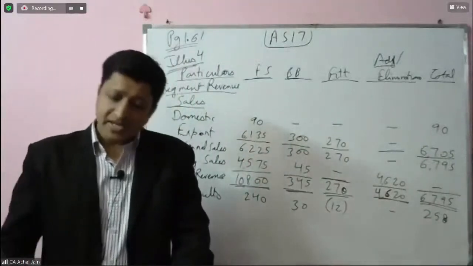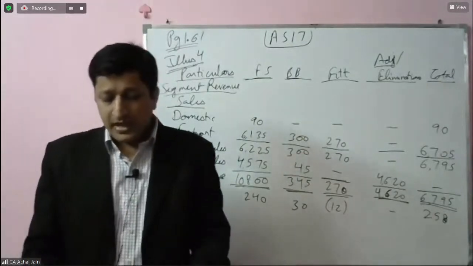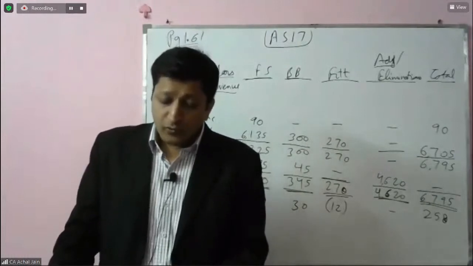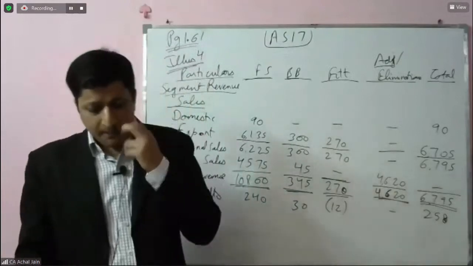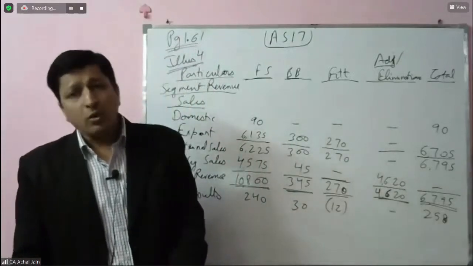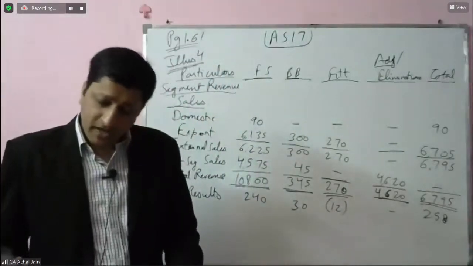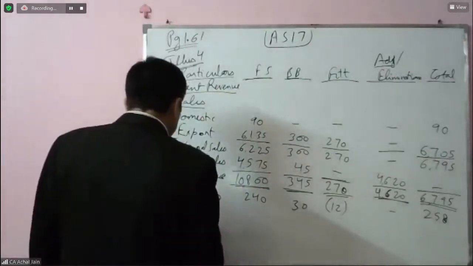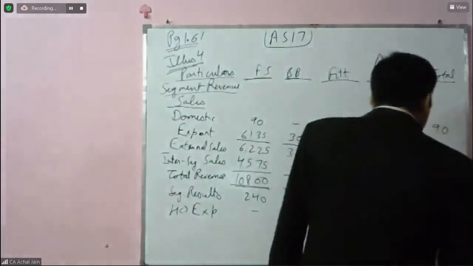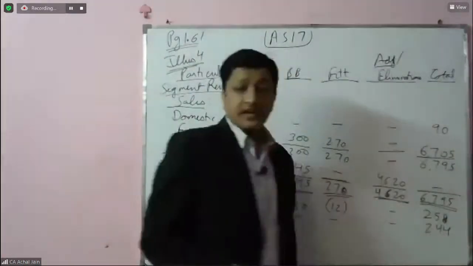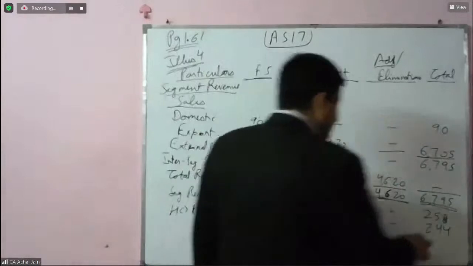Then comes the next item, head office expenses reallocated. Head office expenses. Do we need to allocate them? No. Head office expenses will go to the corporate category straight away. 144 is the total amount. But these are not specific to the segment, so that's why we have taken it to the company as a whole.